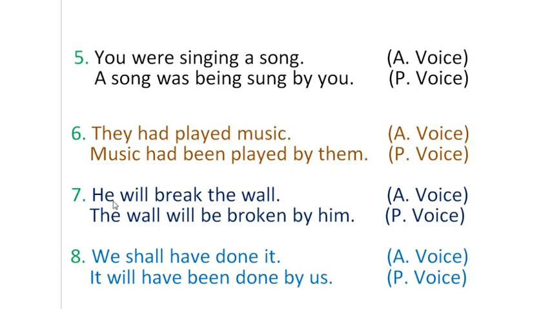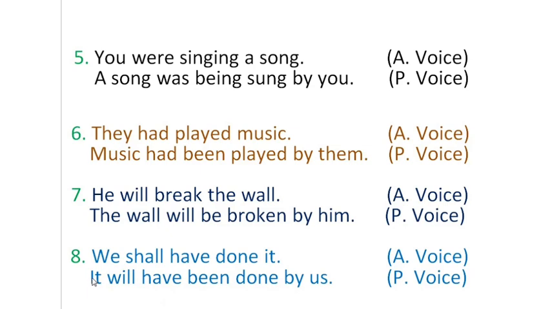Number 7, he will break the wall. Active voice. This is future simple. Passive voice, the wall will be broken by him. The wall OV modal be TFV broken. Break is the first form of the verb. Broken TFV, third form of the verb, by phrase by him. Number 8, future perfect. We shall have done it. Active voice. Passive, it will have been done by us.